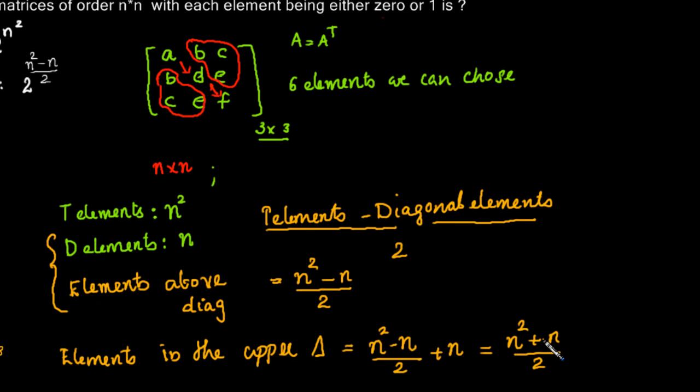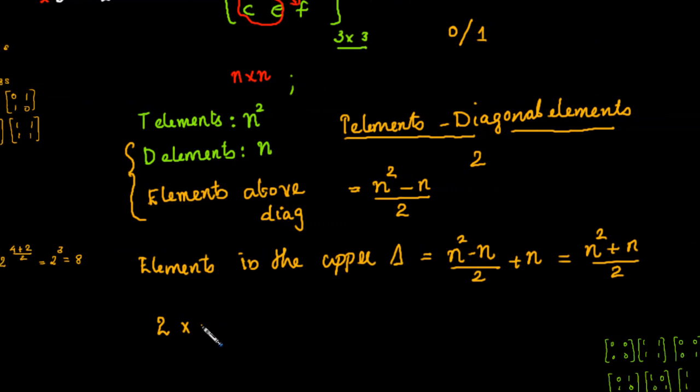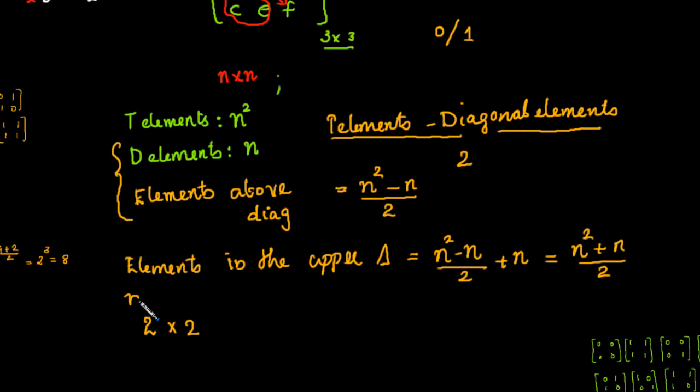So this is the number of choices we have to make to form a symmetric matrix. We can choose from either 0 or 1. That means for each of these entries we have two choices. That means we have to multiply 2 this many number of times. Okay, for each of these, so this many number of times we have to multiply 2.